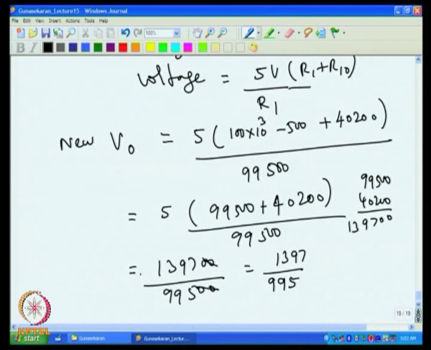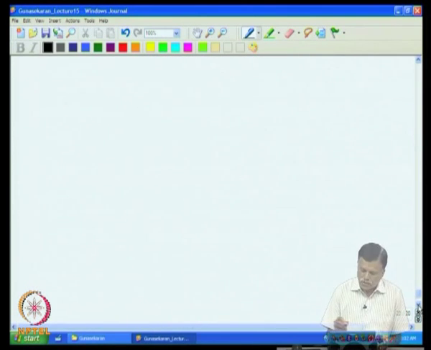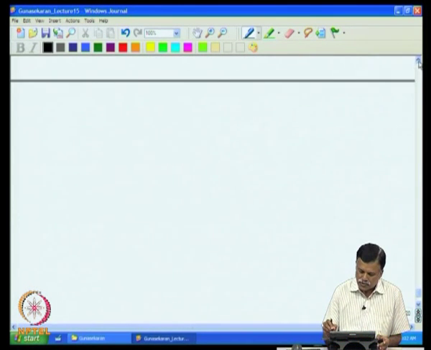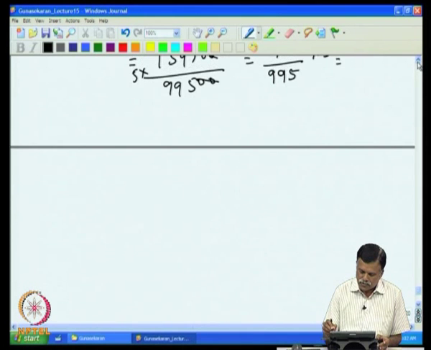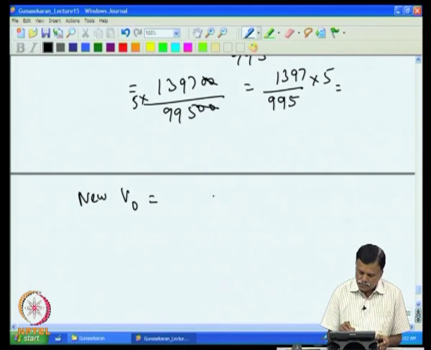Of course, into 5 is there. So if we simplify further, I write the next step. You will get the new V naught, new regulated voltage, that will be 35.3.